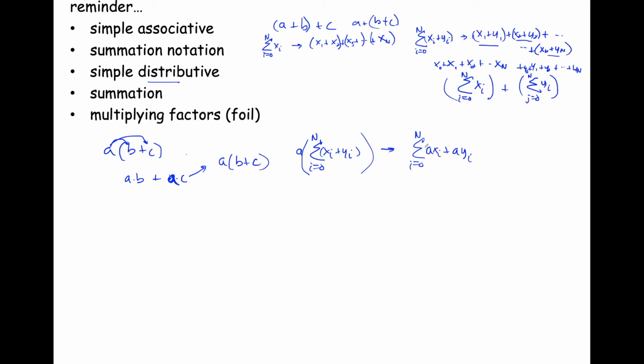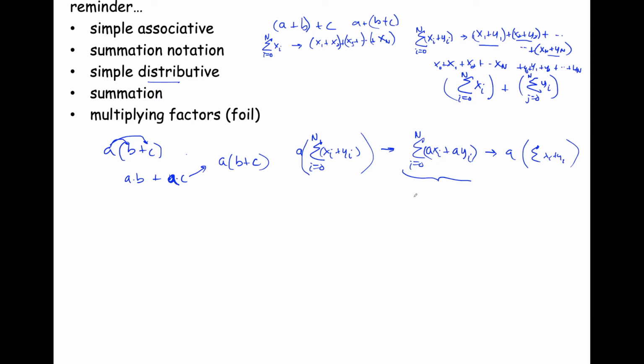Now, of course, I can take this and use it in the opposite direction. I can factor out an a. I can say a times, using that distributive rule, the sum of x_i plus y_i. Now let's take a look at this expression in the middle. Well, we just said that we can use the associative rule.